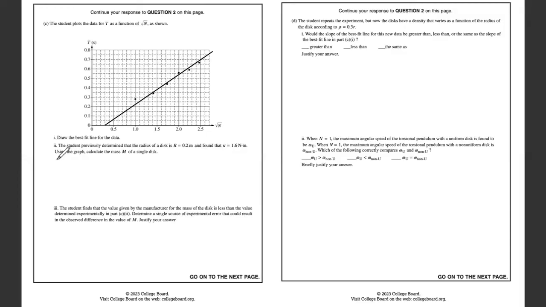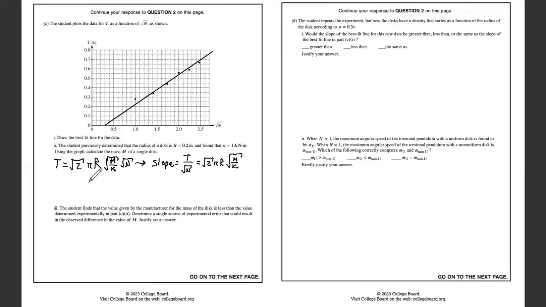All right, now we actually have to use the graph to calculate m if we know r and kappa. How do we do that? Well, on the first part of this problem, we said that T was equal to root 2 times pi multiplied by r times root m over kappa times root n. I know that's a lot nastier than the expression on the previous page, but the reason I made it nastier is because now I can say that the slope is going to be equal to T over root n, and that should all equal root 2 pi r root m over kappa.